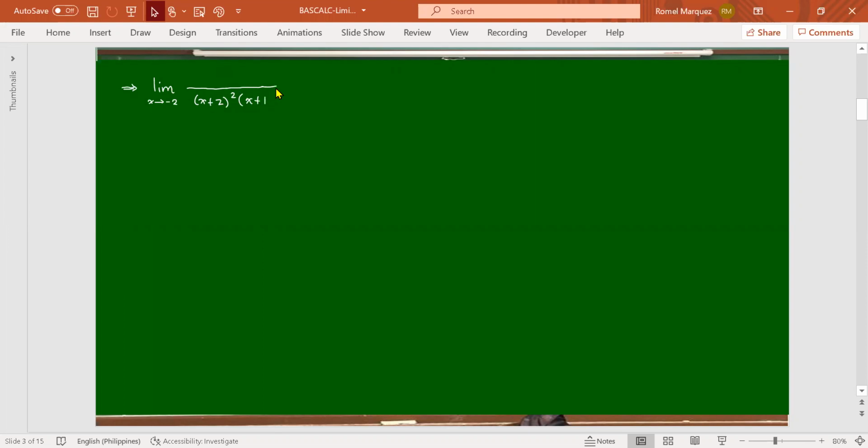Kaya lang, pinactor out na natin totally. Kaya nakita na natin x + 2 occurs twice as a factor. So, x squared and then x + 2. Okay, so we can now remove this.